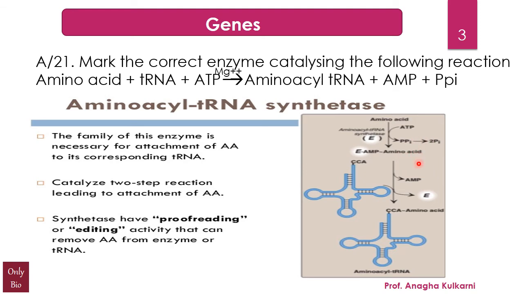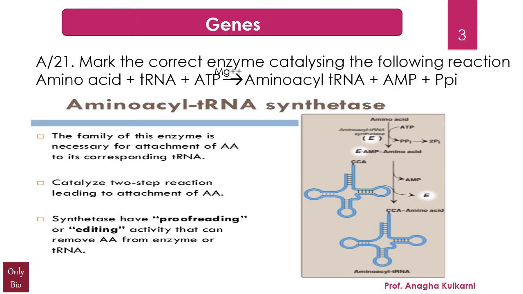You can look on the screen. Then this amino acyl AMP will react with tRNA to form amino acyl tRNA plus AMP. And if you sum up these two reactions, you get amino acid plus tRNA plus ATP giving you amino acyl tRNA plus AMP plus inorganic phosphate.